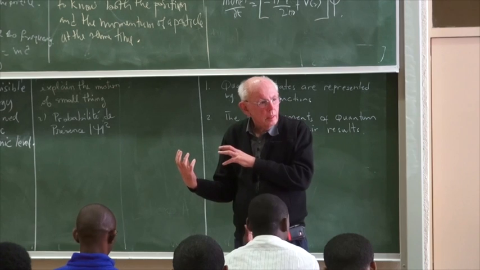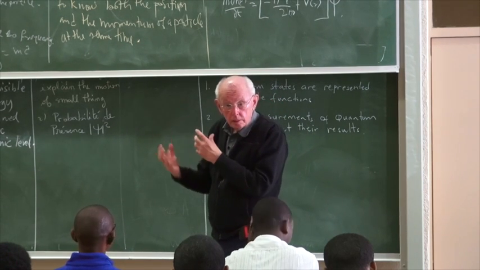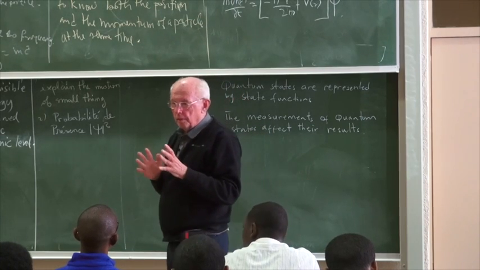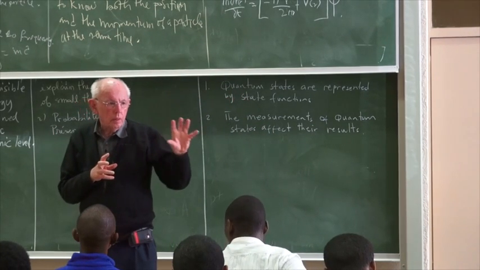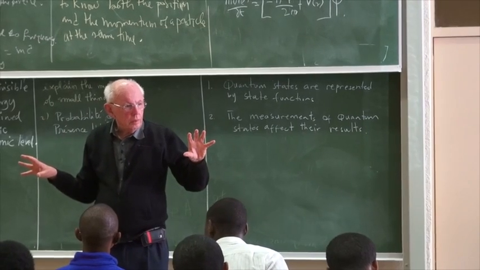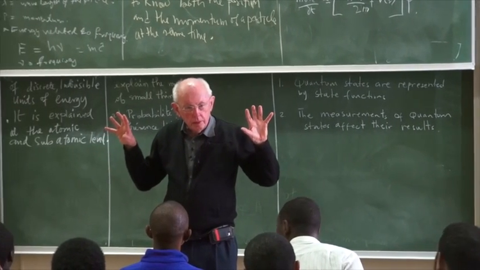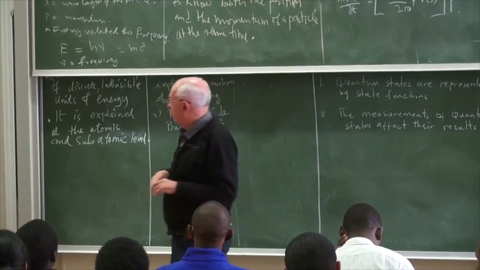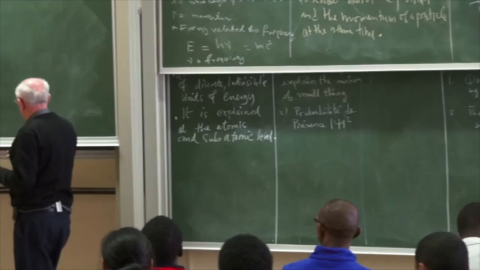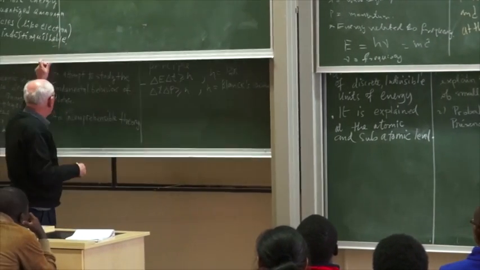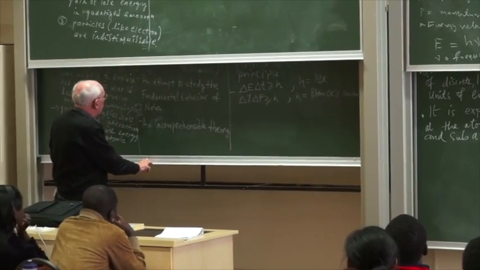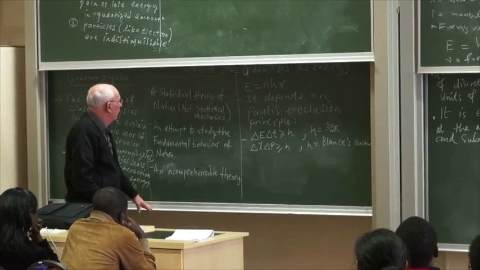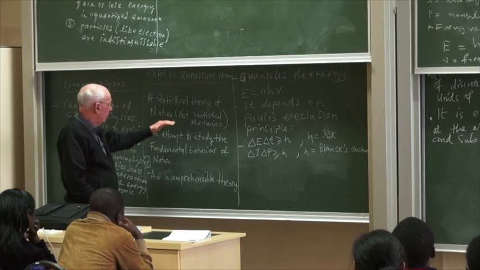And the other class is in an antisymmetric form. We call the one class bosons and the other class fermions, and they behave quite differently. But maybe I'm going too far with that. But this was discussed here: statistical theory of nature, not statistical mechanics.